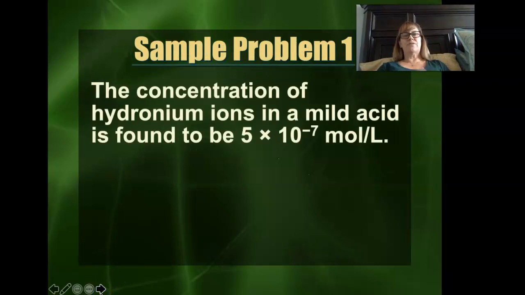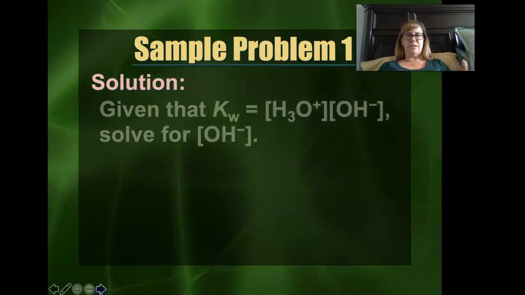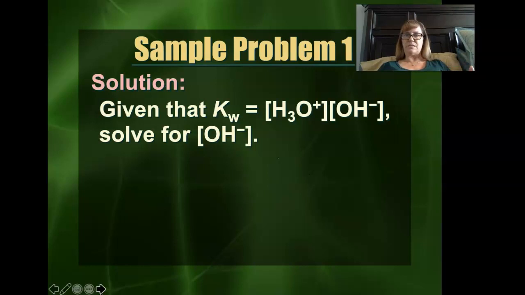Okay, so if the concentration of hydronium ions is found to be 5 times 10 to the negative 7th moles per liter, what's the hydroxide ion concentration? Plug this into that Kw equation. Hydronium times hydroxide is going to equal 1 times 10 to the negative 14th. And then you can just use your algebra to solve for it.